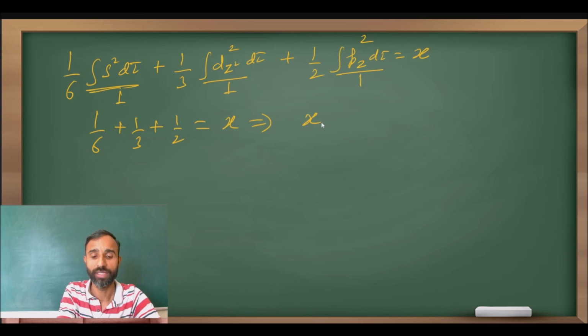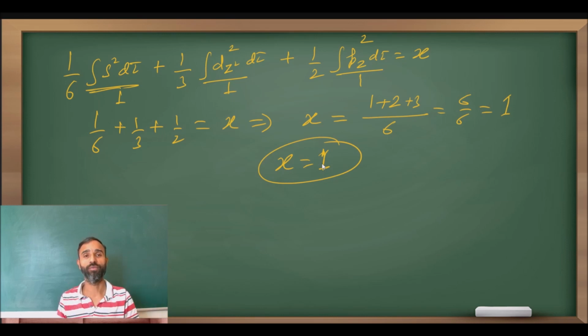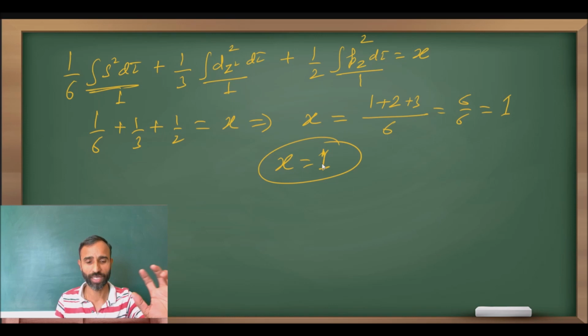That implies x equals 1 plus 2 plus 3 over 6. That is 1. X is 1. So we have proved that psi 1 is normalized. Accordingly, you can prove any other.